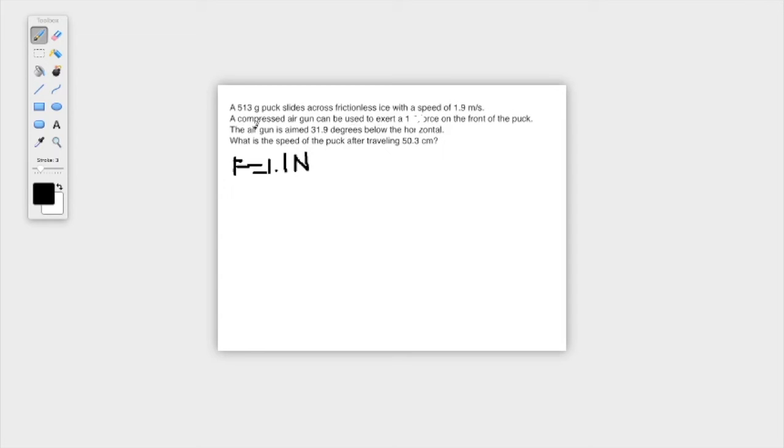The air gun is aimed 31.9 degrees below the horizontal. What is the final speed of the puck after traveling 50.3 centimeters?